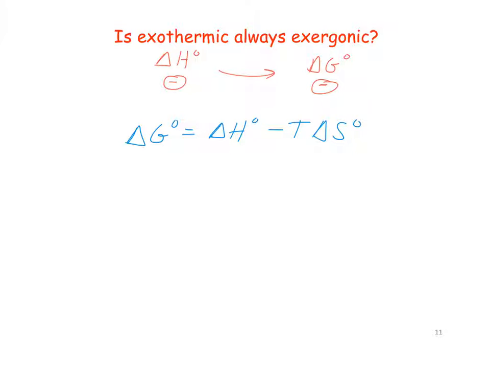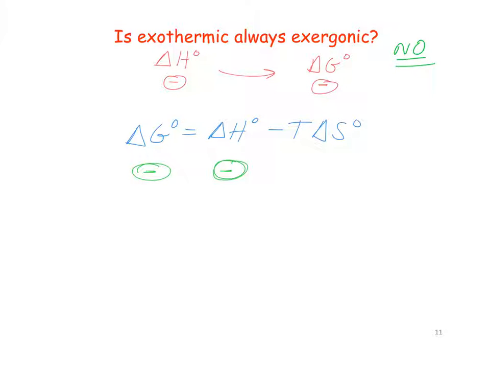Exergonic is going to mean that we have a minus here, exothermic has a minus here. So if you have a minus delta H, does that always lead to a minus delta G? And of course the answer here is no.